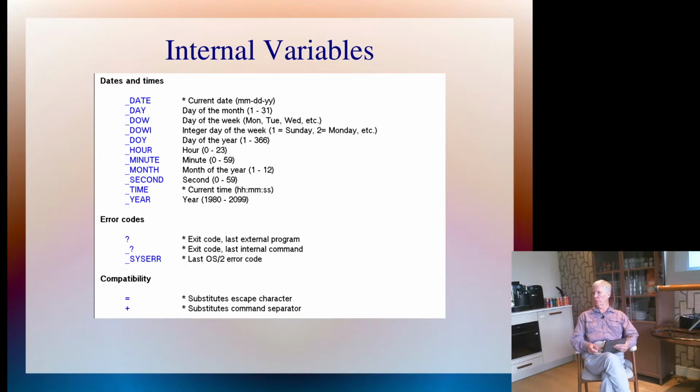You can get the error code from the last program that you ran, so that you can put this in a batch file and say if the command before was successful, do this, and if not, do something else. Next slide.